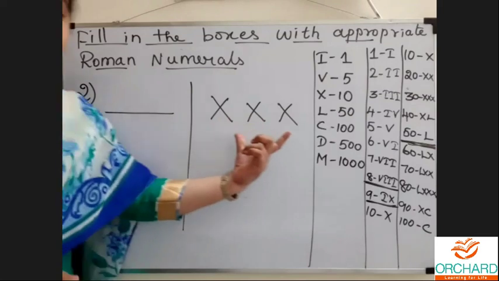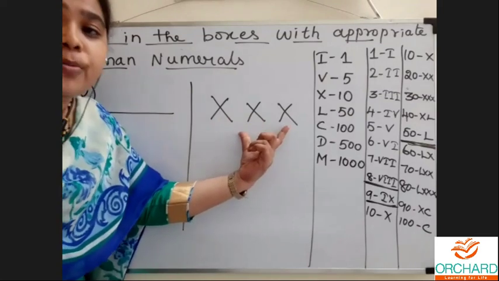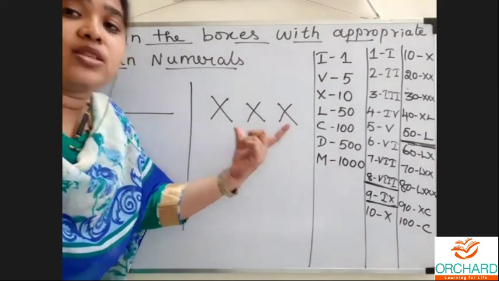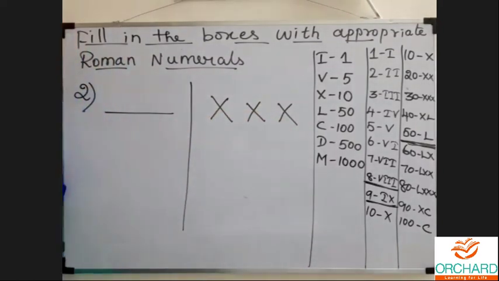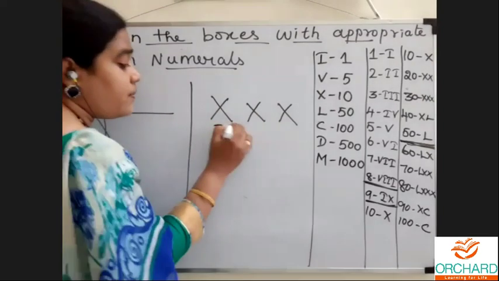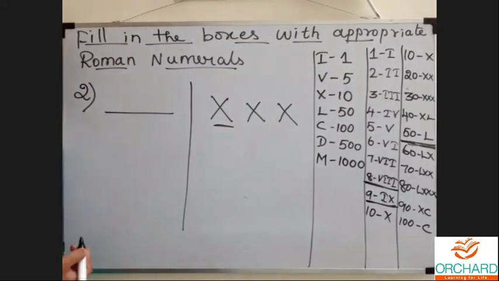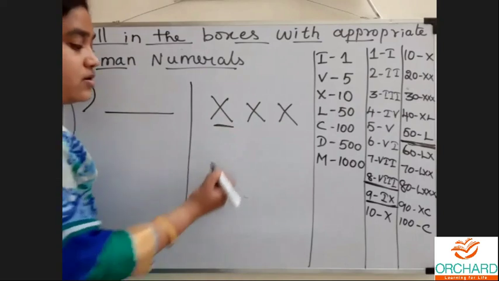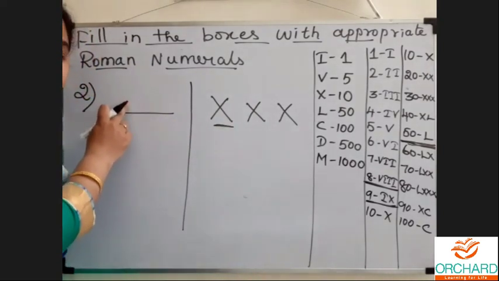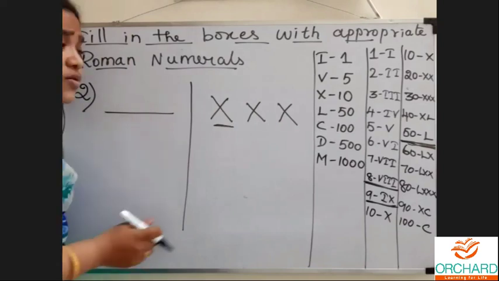Here it is given in the form of a Roman numeral. We have to express this in Hindu-Arabic numeral. Then only can we find the predecessor value. What is the letter given here? X. You give the answer in Roman numeral, not in Hindu-Arabic. You have to give the answer in Roman numeral only.